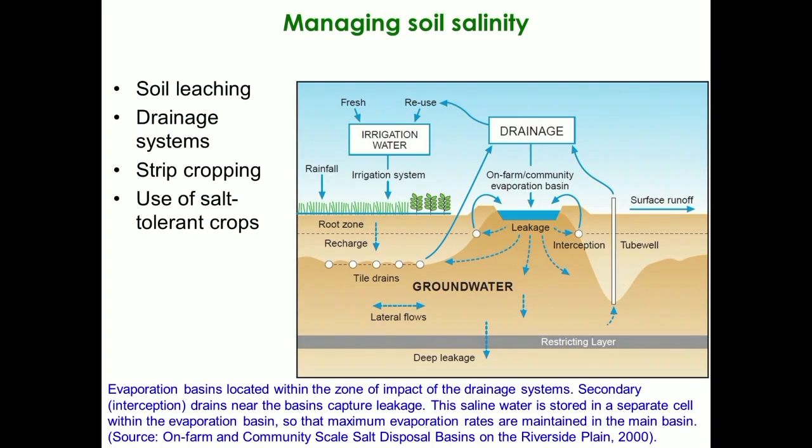What is much better is to introduce agronomic practices that restrict the problem occurring in the first place. One of these is much better drainage, such as illustrated in this diagram here, which addresses poor drainage characteristics and restricts the accumulation of salt after irrigation in the first place.